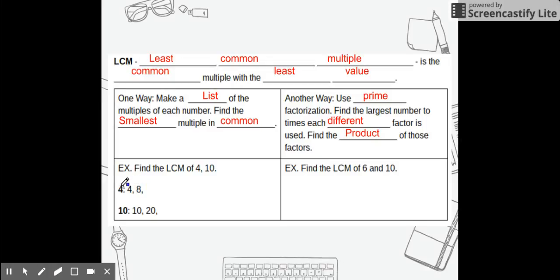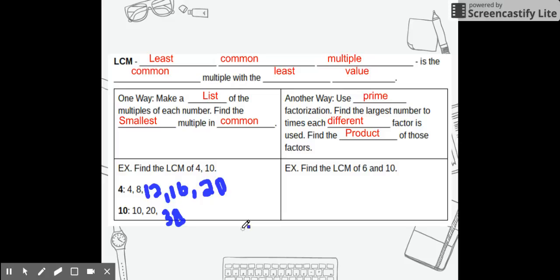So for 4, multiples of 4 are 4, 8, 12, and then we've got 16, and then next comes 20. And then for 10, multiples of 10, we've got 10, 20, 30, okay, it could go on, 30, 40, 50, 60.